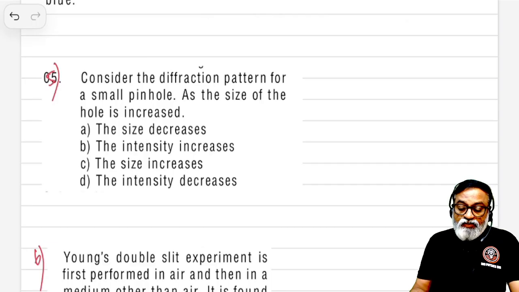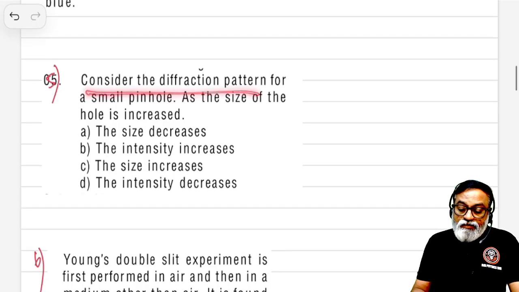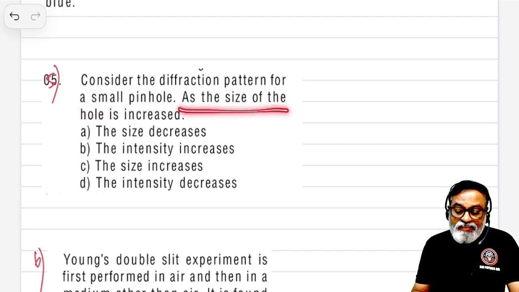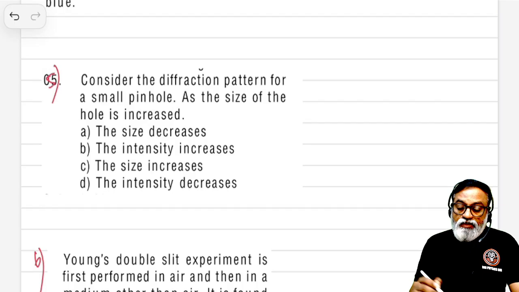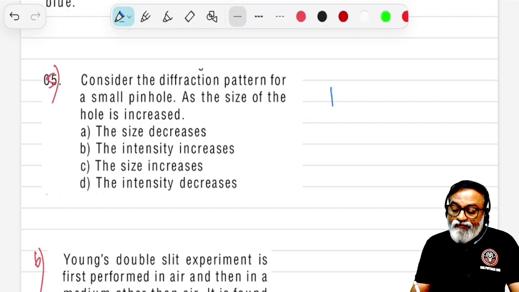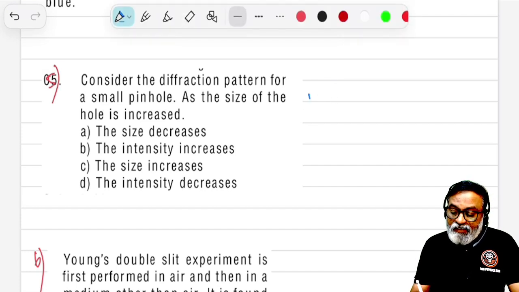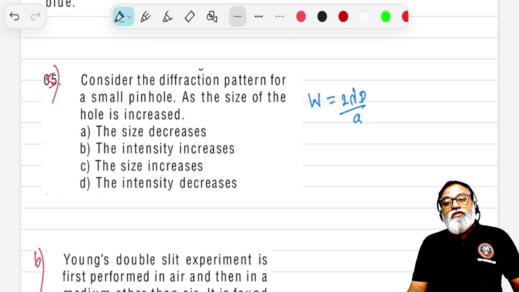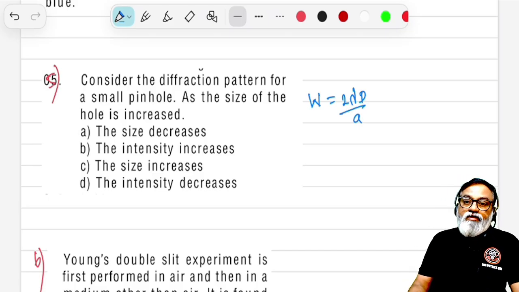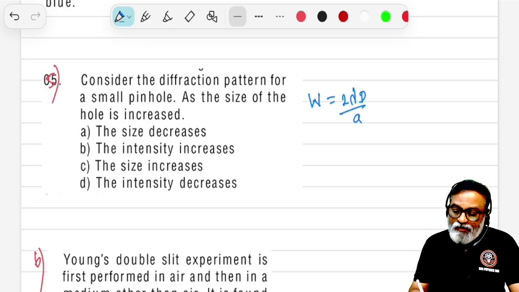See here. Consider the diffraction pattern for a small pinhole as the size of the hole is increased. The fringe width of the central maximum W is equal to 2 lambda d by a.